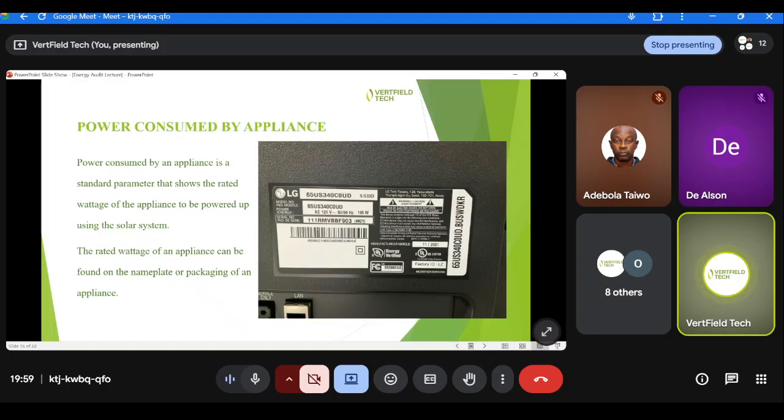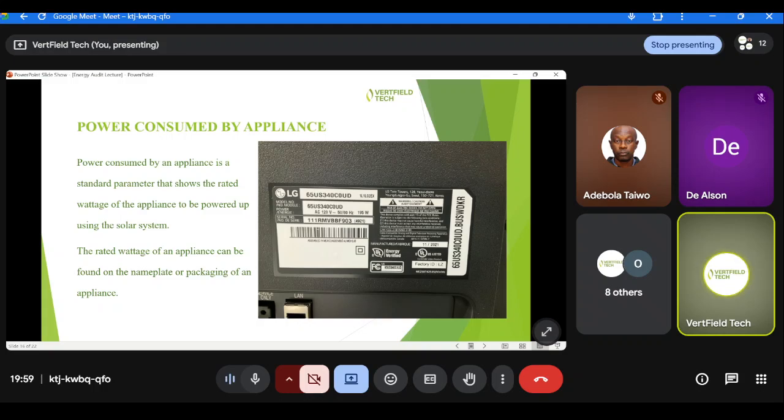Power consumed by an appliance. The power consumed by an appliance typically tells you the rated wattages of each and every appliance that is to be powered up using the solar system.